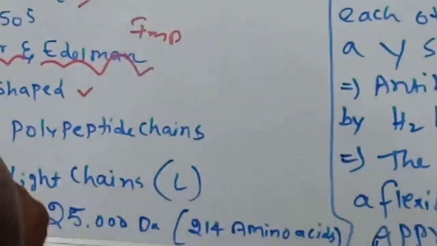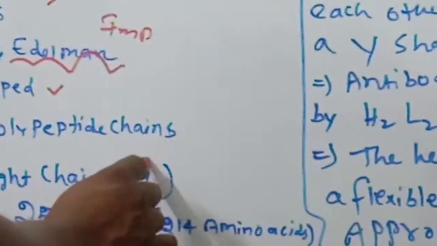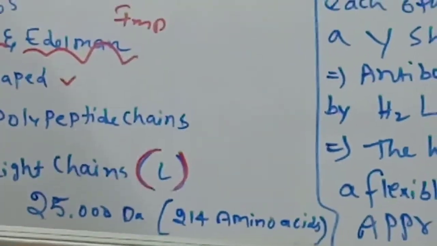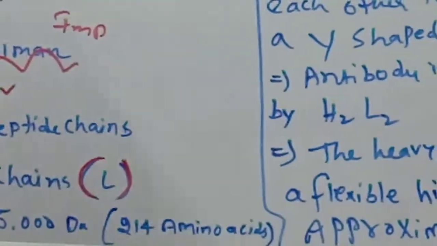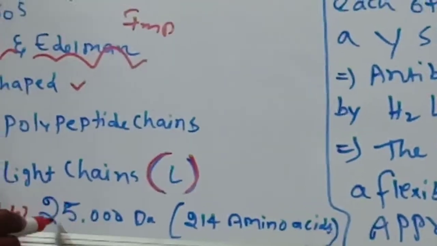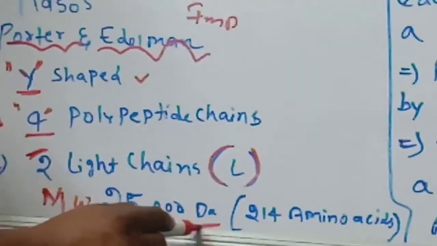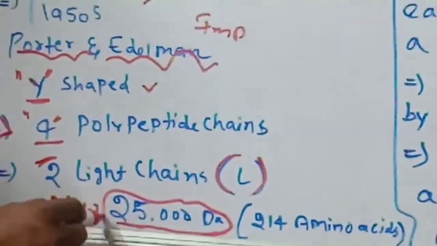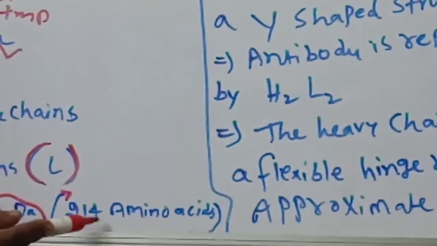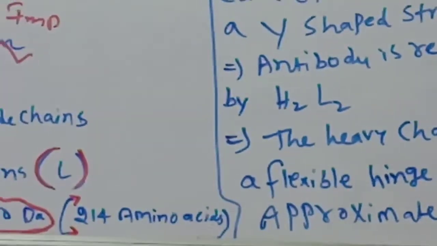What are those? Two light chains. The two light chains are very small. Their molecular weight is 25,000 daltons, and there will be 214 amino acids.